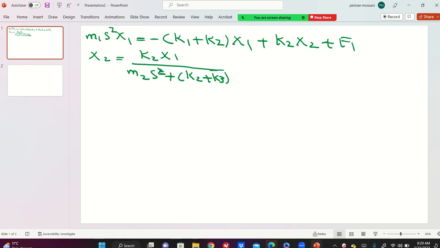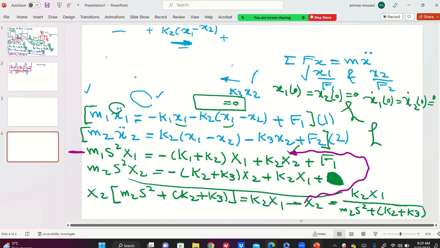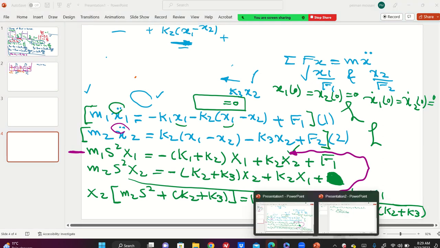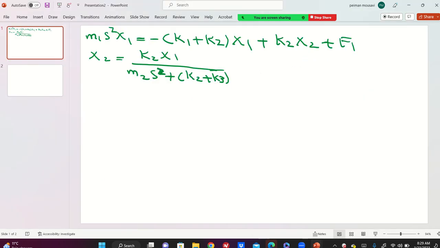No, second power. How we got this one? X double dot. Okay? X double dot. So let's implement there.